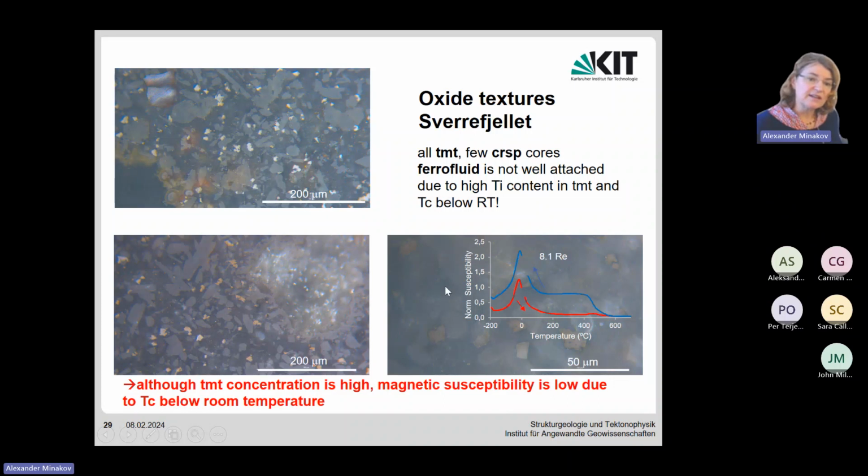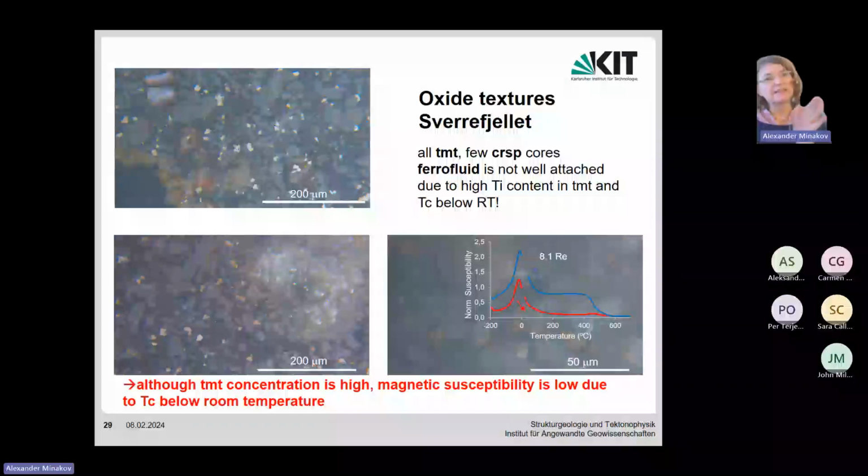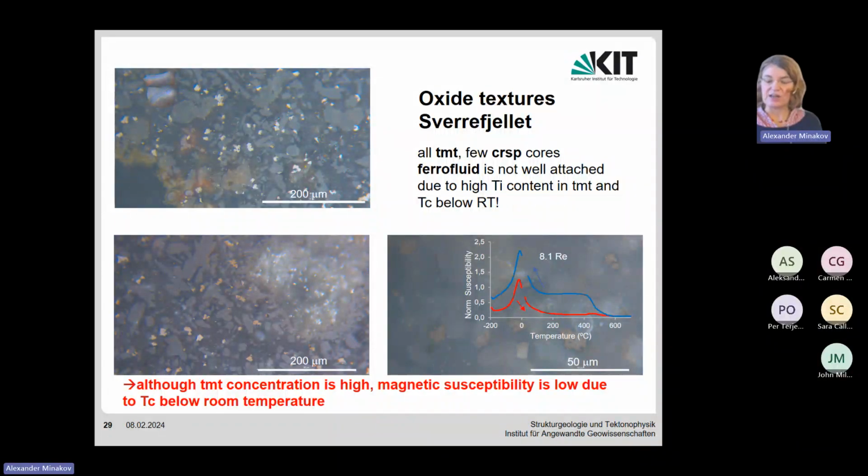But what is interesting is that there seems to be some different compositions within this rock. Yeah, so the glassy parts probably contain a different composition, and this is maybe interesting later on to compare with a rock petrography.